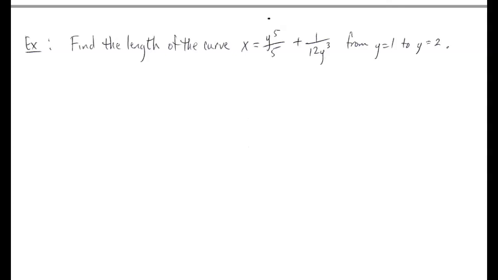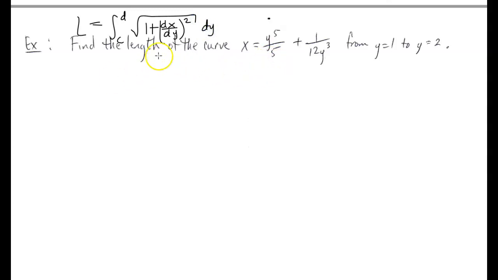So we need to use the arc length formula that tailors to that. So here we know that arc length will be the integral from c to d in this case, of the square root of 1 plus the derivative of x with respect to y, squared, and then dy.